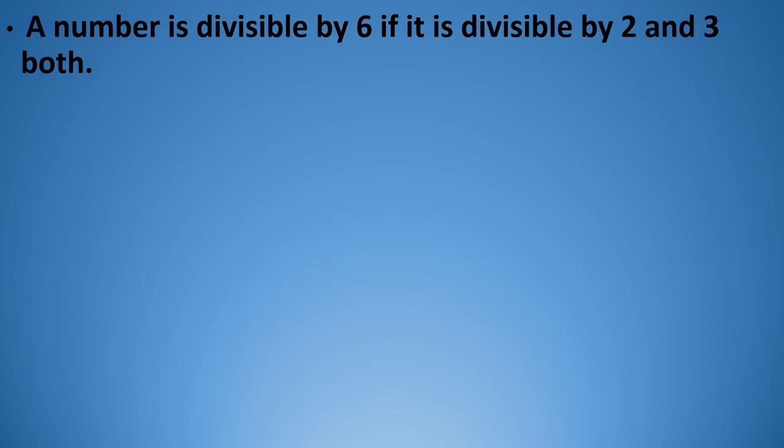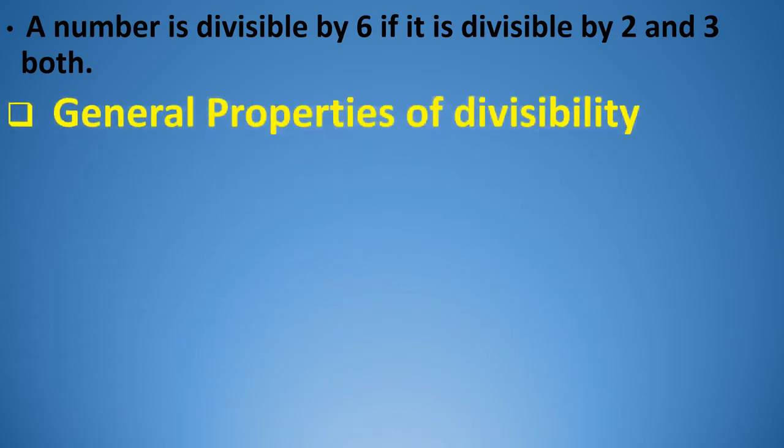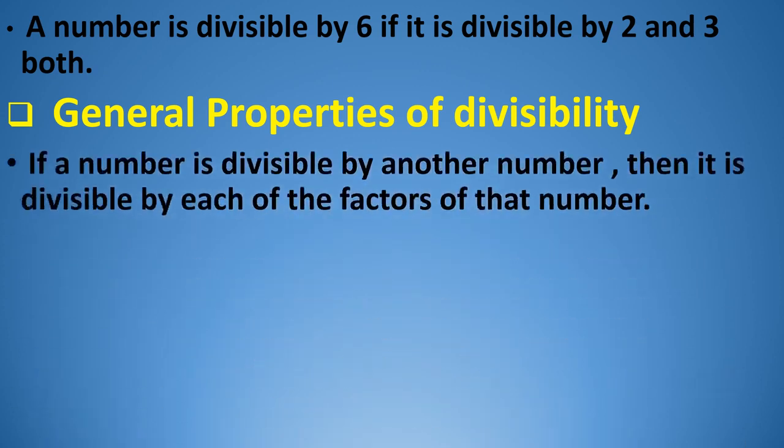Now see, after that we have done some general properties of divisibility. First is, if a number is divisible by another number, then it is divisible by each of the factors of that number. Suppose 24 is divisible by 6, that we all know.